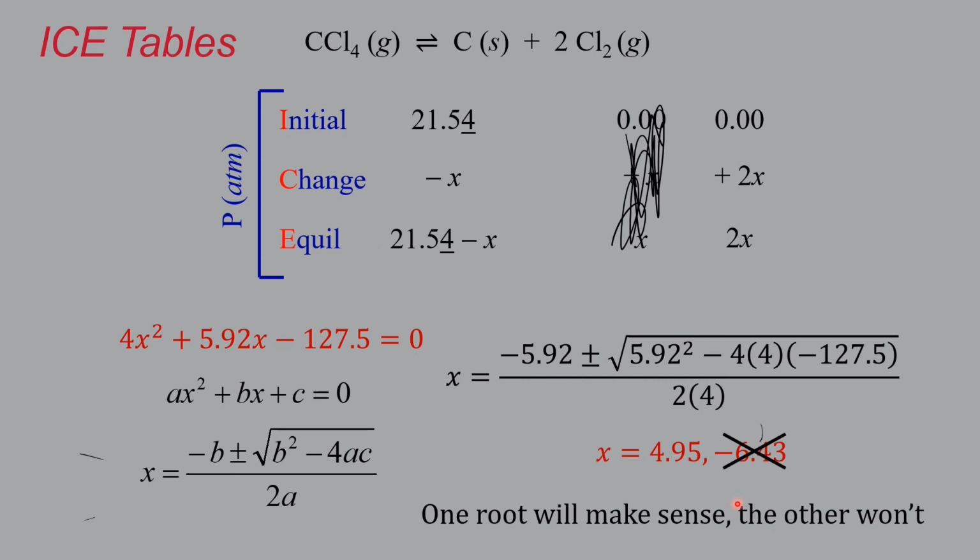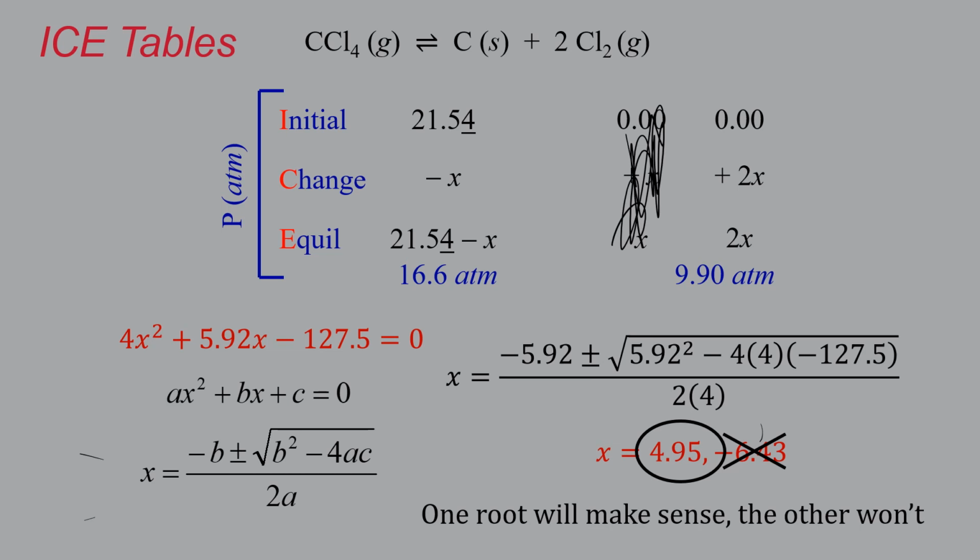So that is the root we are going to use. Now that we know what x is, we can get these values up here. So at equilibrium, we will have 16.6 atmospheres of carbon tetrachloride, and we will have 9.9 atmospheres of the chlorine gas.